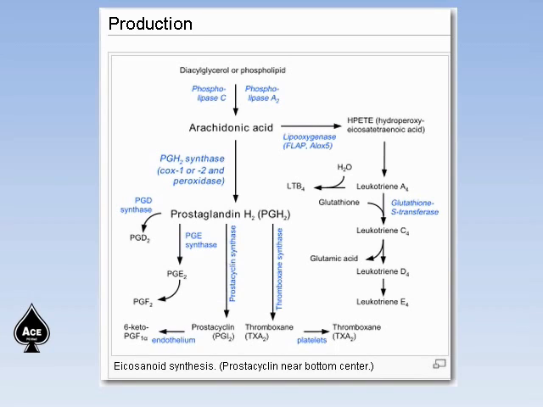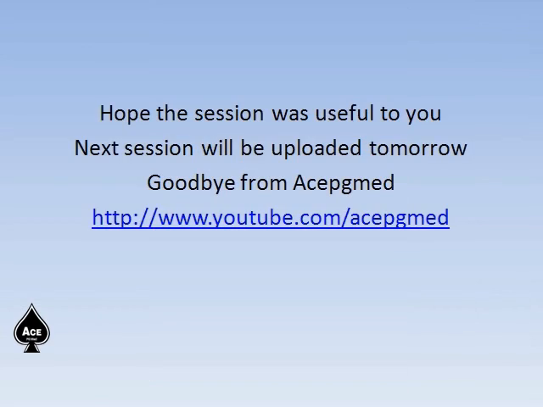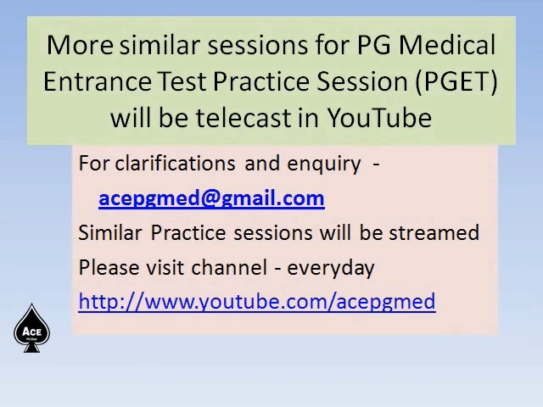Then glutamic acid is released, then leukotriene D4, then the leukotriene pathway. These are important in asthma. Leukotriene with water becomes LTB4. This is the eicosanoid synthesis, and prostacyclin is shown near the bottom center. Mode of action: the classical functions of prostacyclin are vessel tone, anti-proliferative and anti-thrombotic.